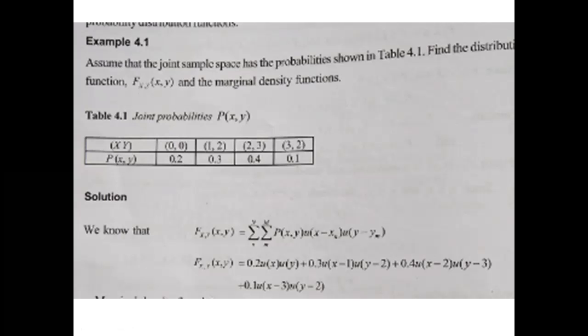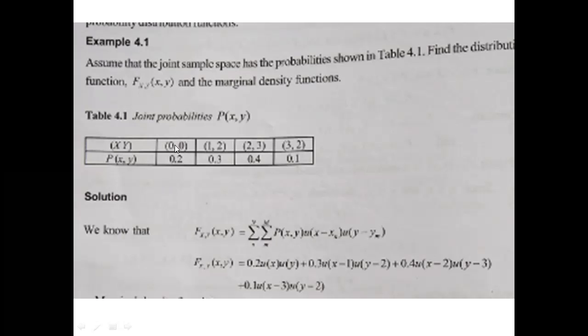That's why we are getting summation in the joint probability distribution function. Here F_XY of x, y is equal to double summation, two summations for two random variables, of p of x, y, u of x minus x_n, u of y minus y_m. The first probability is 0.2.